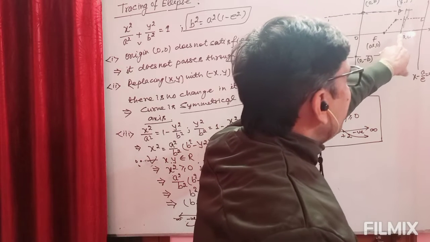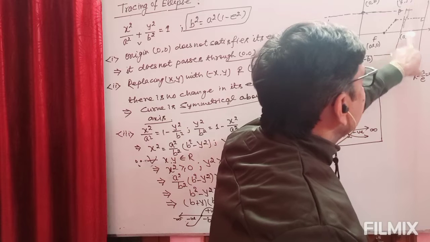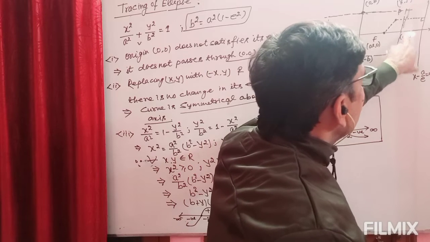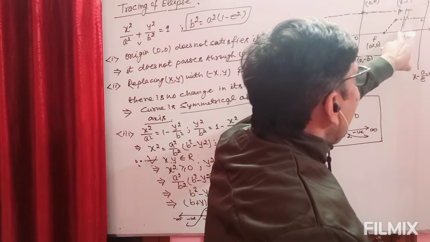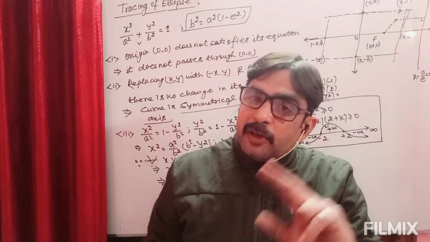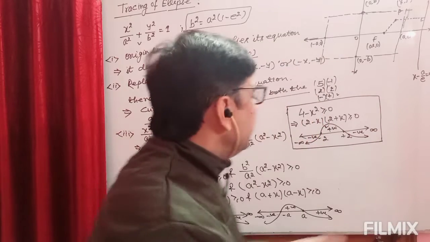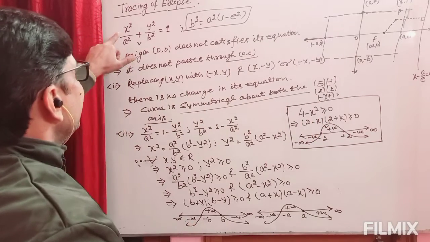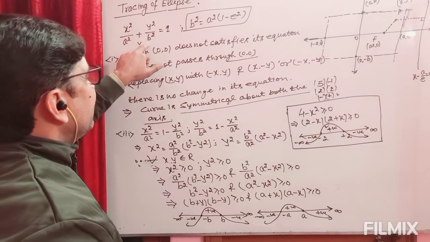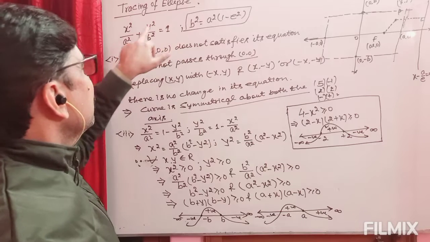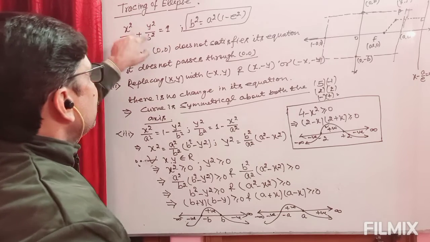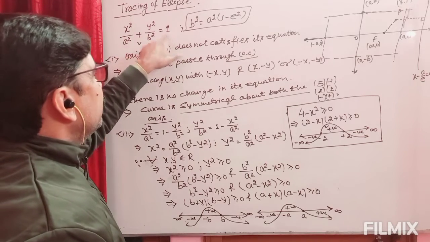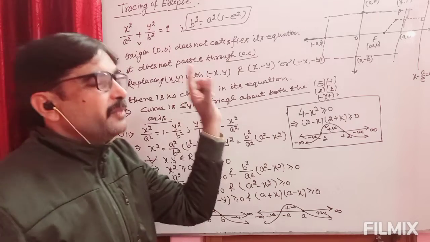Now, the point (a, 0) lies on the curve and the curve is symmetrical about both the axes. Now you see that the equation is x square upon a square plus y square upon b square equal to 1. So when x is 0, y will have its maximum value, and when y is 0, x is at its maximum value.